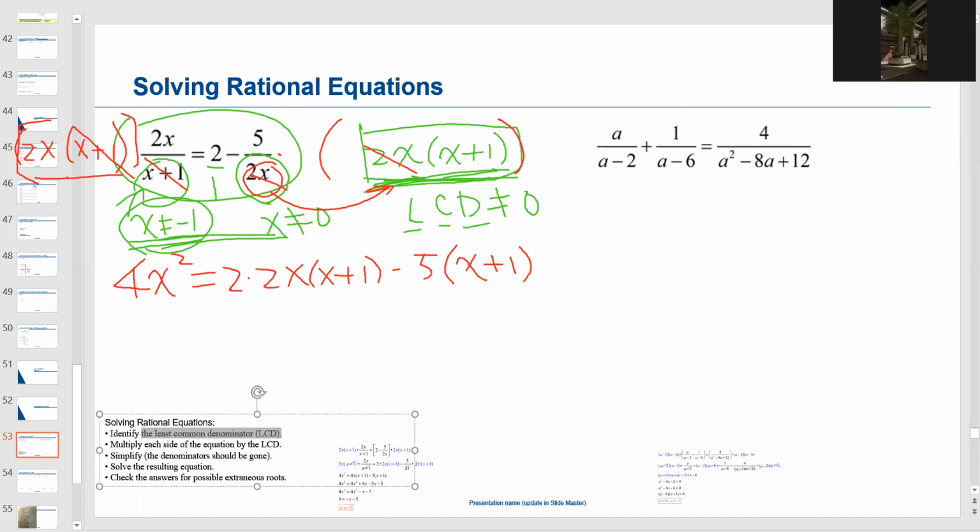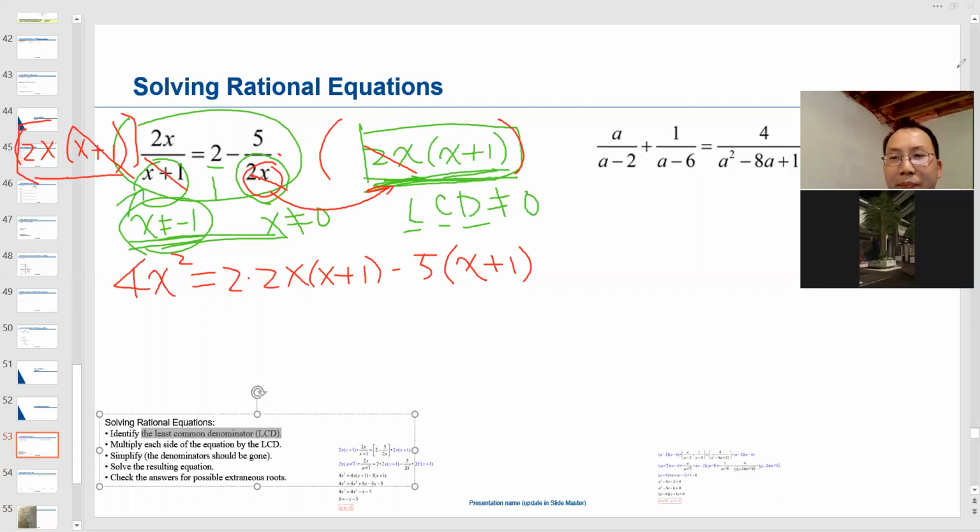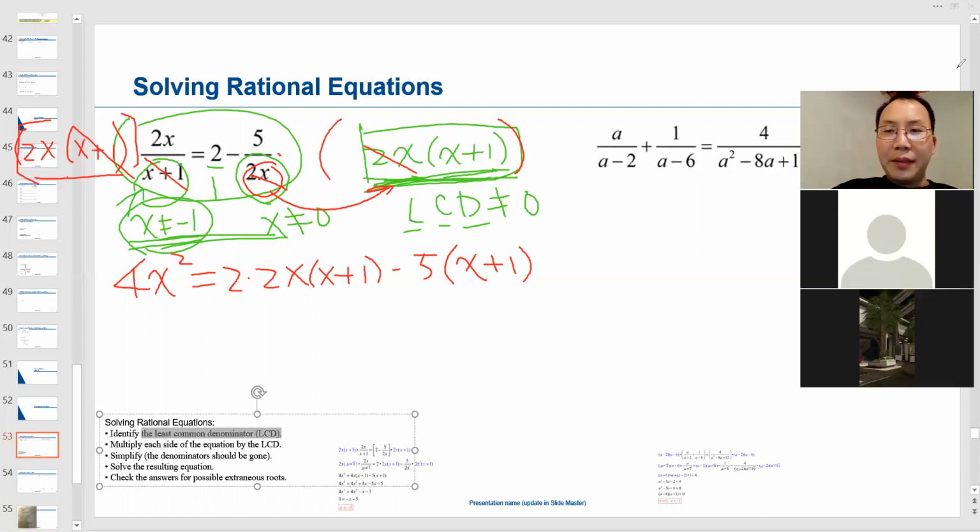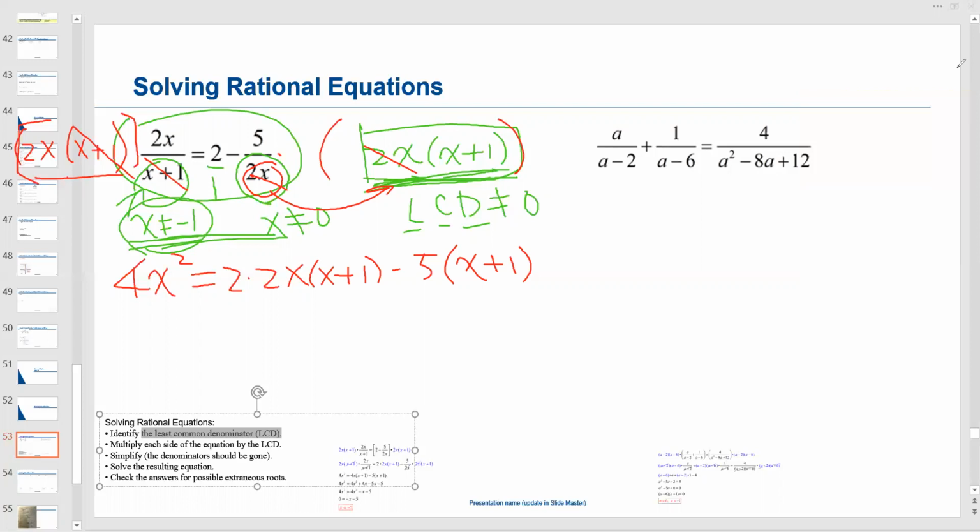Anyone have questions about this part? Hello, can you please unmute yourself if you have a question? Okay, all right. So here we can further simplify, right? So 4x squared plus 4x, minus 5x minus 5.